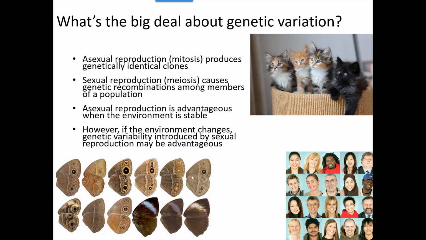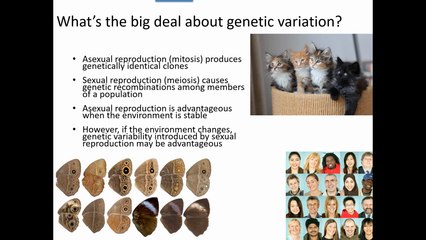And we're going to get into this in a couple weeks when we start looking at natural selection. Just the fact that we can have so many differences in the same species. That's looking at some butterfly wings and just the genetic variation they can have, but also the genetic variation even among humans themselves or any animal out there.